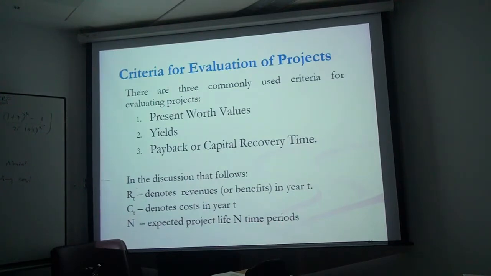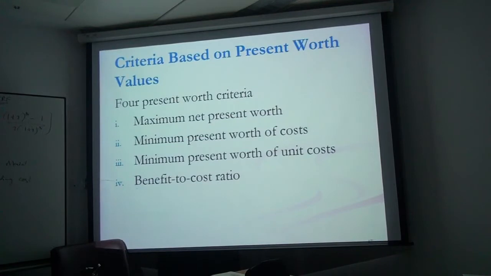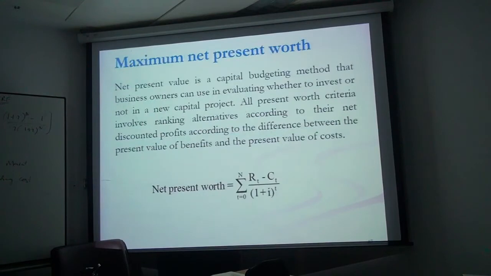Let's look at these present worth formulas. We have maximum net present worth, minimum present worth of cost, minimum present worth of unit cost, and benefit to cost ratios. These are all present worth criteria. The maximum net present worth: we have already seen this formula when we were talking about discount rates.